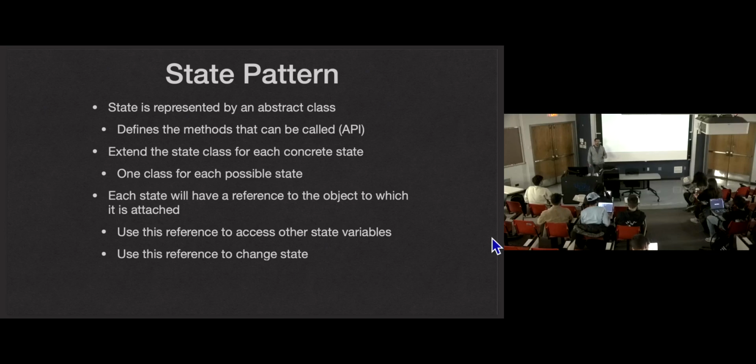Depending on its type, it'll get different behavior. And then also give the state a reference to the object that the state is attached to. That one's going to make more sense in the example when we start looking at code, so I'll save that conversation for when we have some code.